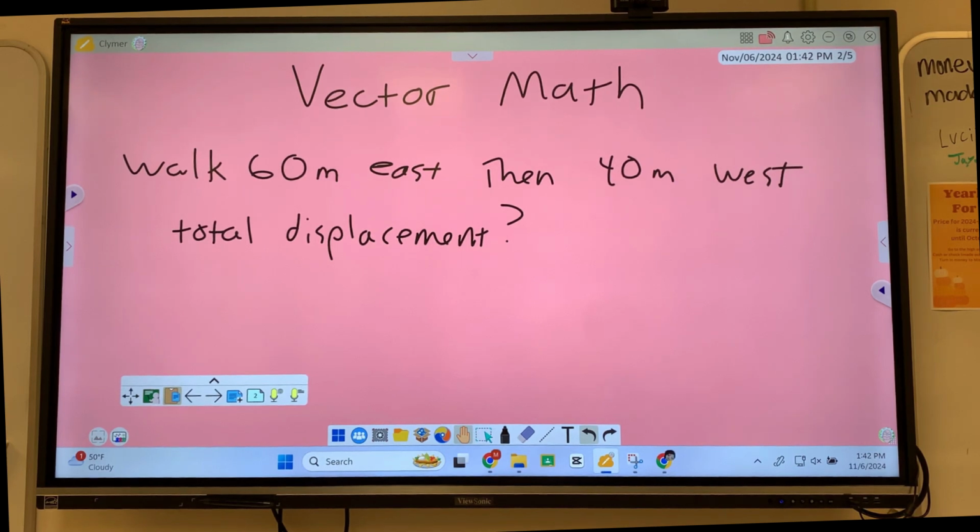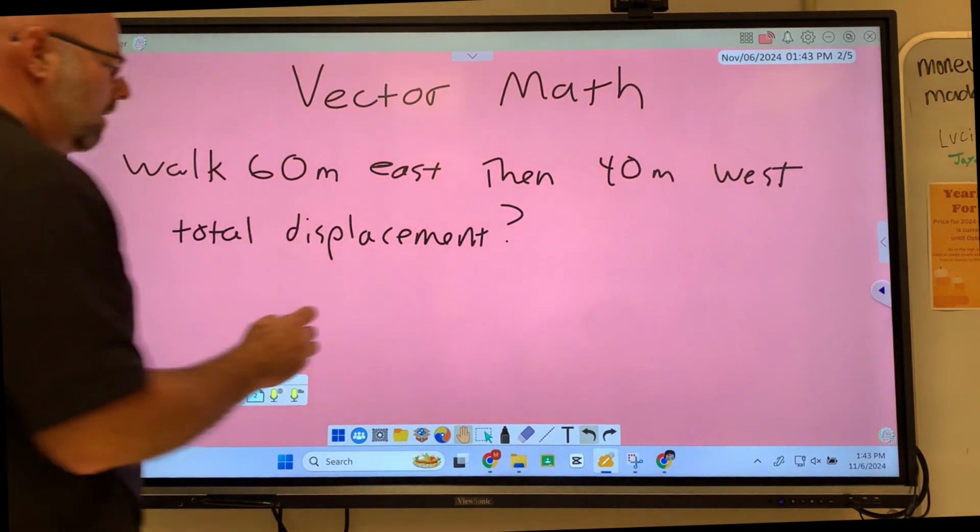To make the answer a vector quantity, what would your answer be? Total displacement, yes, meters and direction. So what's our direction? East. 20 east or 20 west? Which is it? It's 20 meters east.